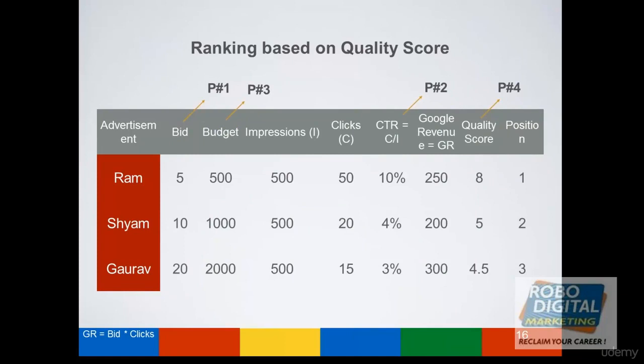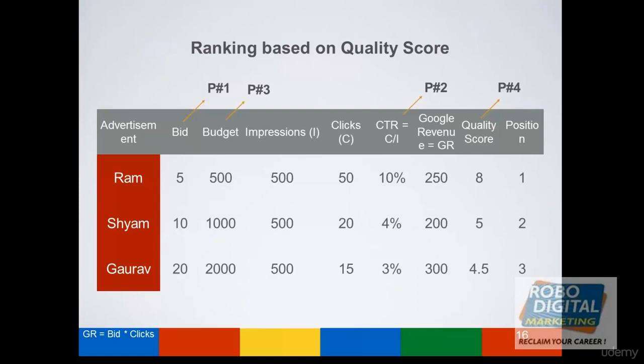And there is a fourth thing, that is quality score. I will be telling you what the quality score is and what its components are. Ram is getting a quality score of 8, Shyam is getting 5 and Gaurav is getting 4.5.